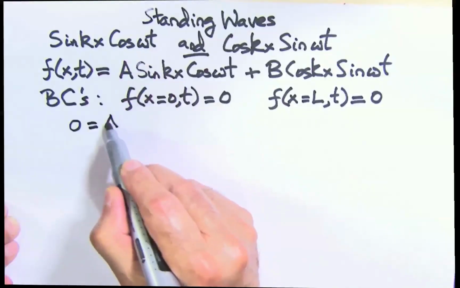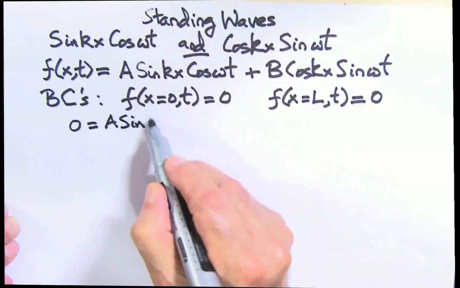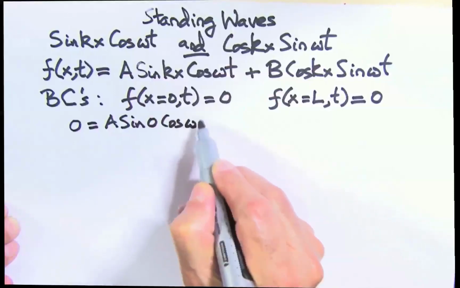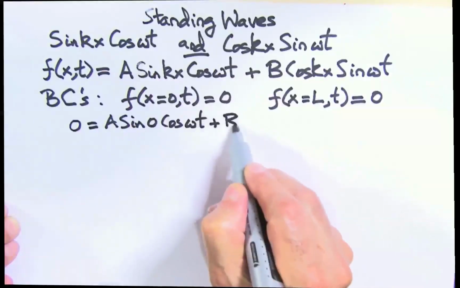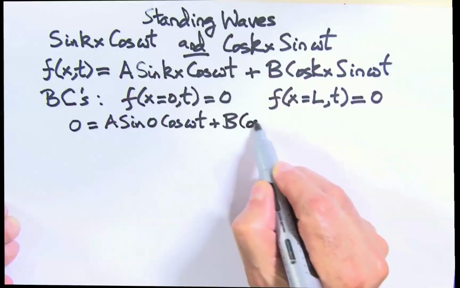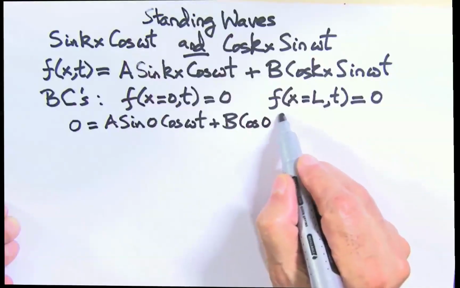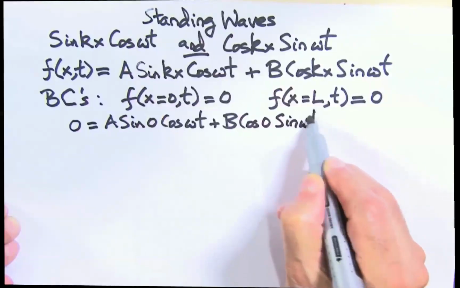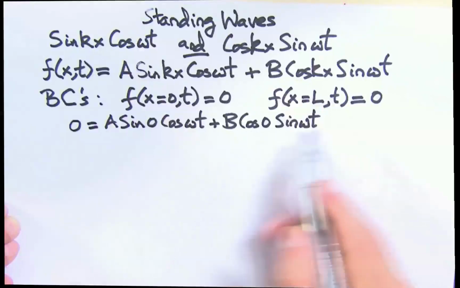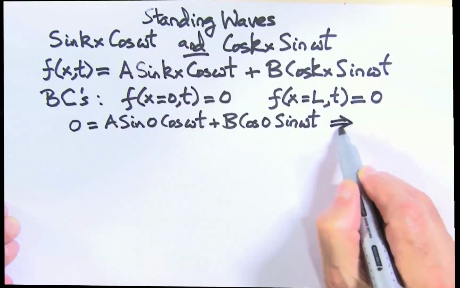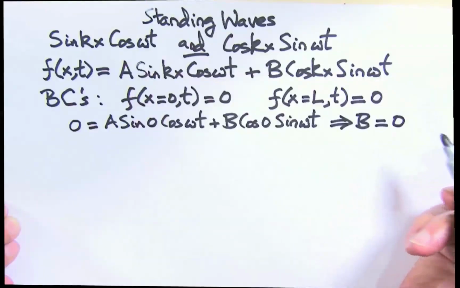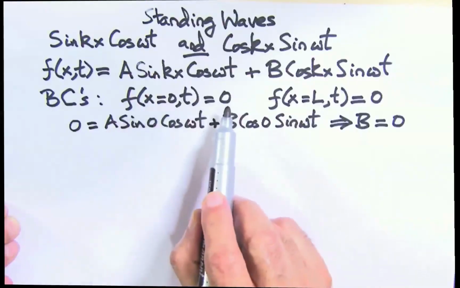This has to equal A sine of k into 0, cosine omega t, plus B, and now at x equal to 0, we're going to have cosine of 0 sine omega t. And as everyone knows, sine of 0 is 0, cosine of 0 is 1, which means that B simply has to equal 0. So that was the first boundary condition.